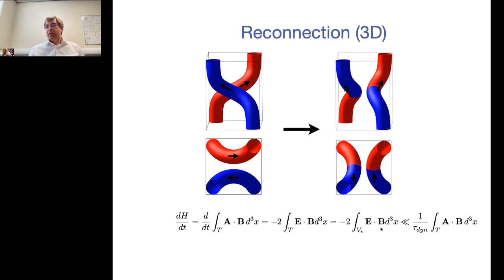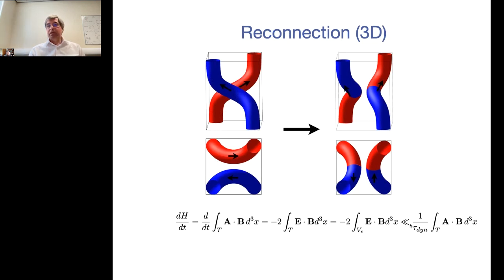That means that this source term is much smaller than the typical value of the integral of A dot B, normalized to a typical timescale, a dynamic timescale. Tau dynamic here symbolizes a dynamic timescale. That is typically something like an Alfvén crossing time, so the time the perturbation needs to travel across the domain under consideration.